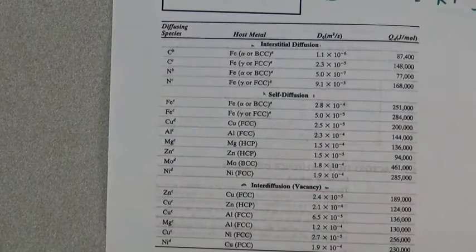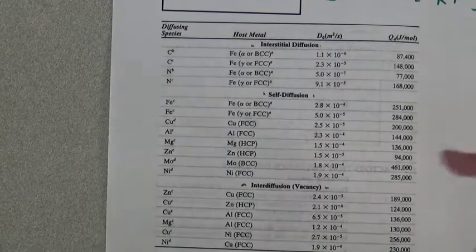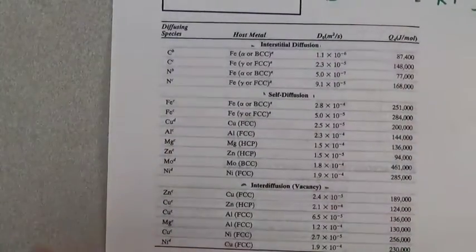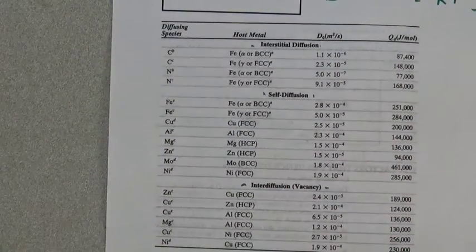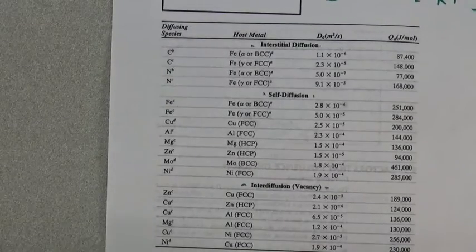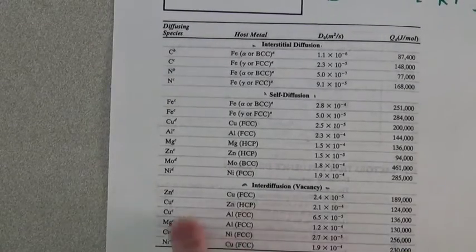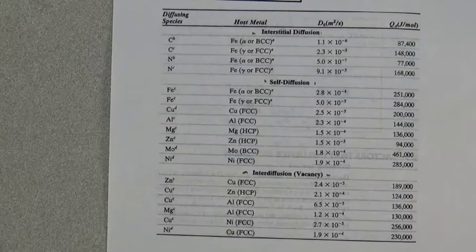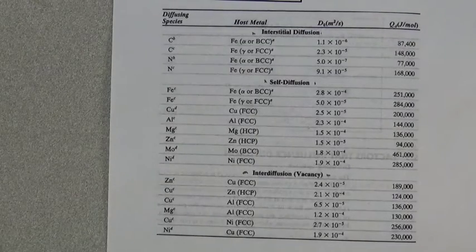If you remember from class, I said you could have direct exchange of atoms switching places with each other. You can have vacancy assisted, and you can also have interstitial assisted. But for metals, and that's the data set we have here, really it is vacancies that are the primary means for assisting the diffusion process.